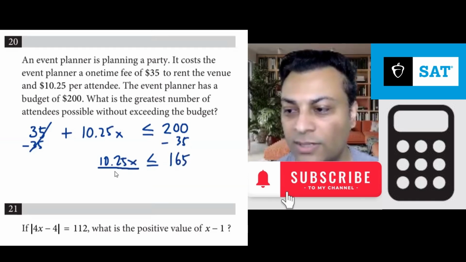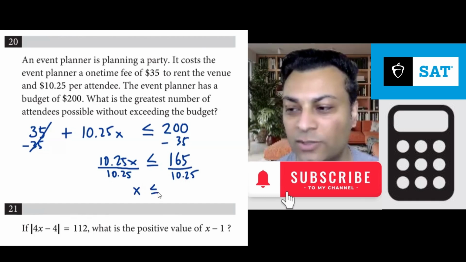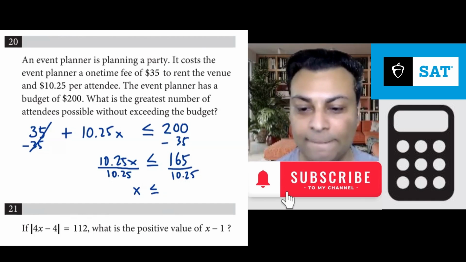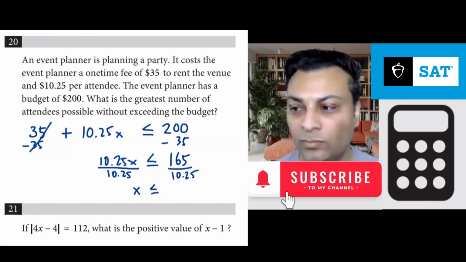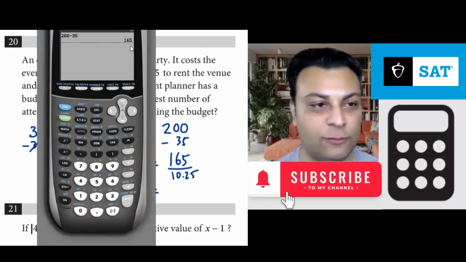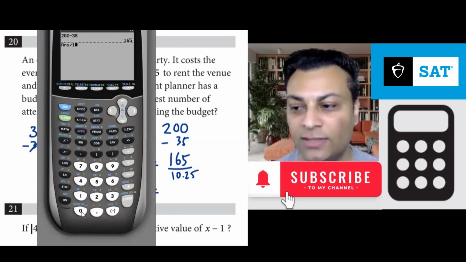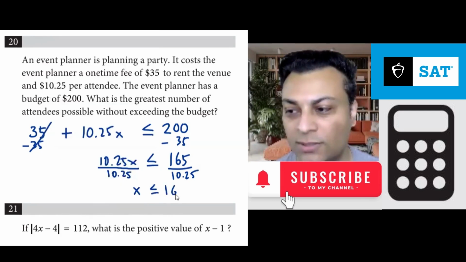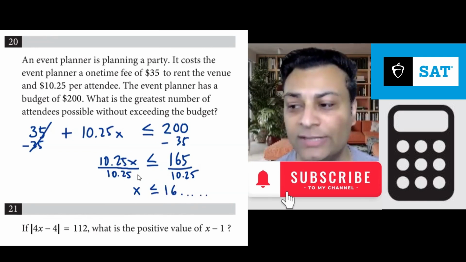Then you divide by 10.25. We divided by a positive number, so we leave the inequality symbol alone. The final number will be whatever this is. I already have 165, so I'm going to divide by 10.25. That gives 16.0975 and so on. So 16 point something, which means the greatest number of attendees possible is 16.